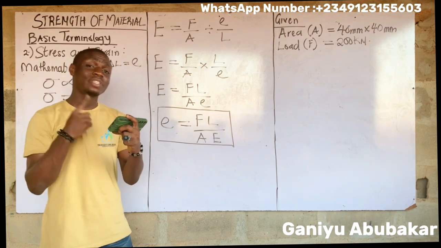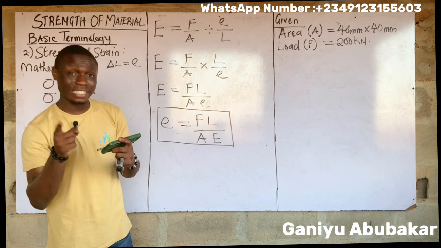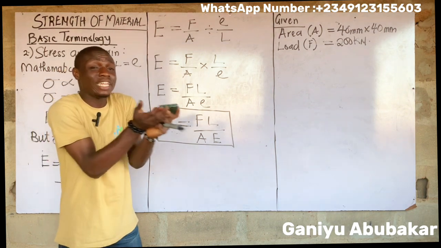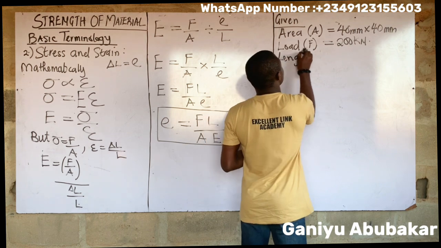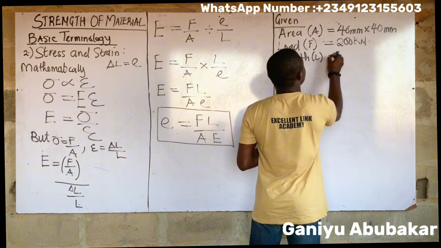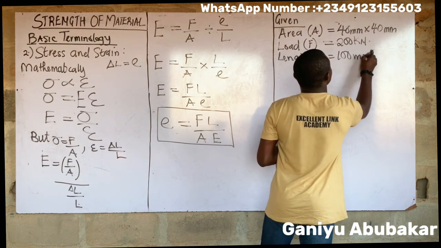Of course, it is for original length, because I was supposed to calculate shortening length. So my original length L is 100 millimeter.